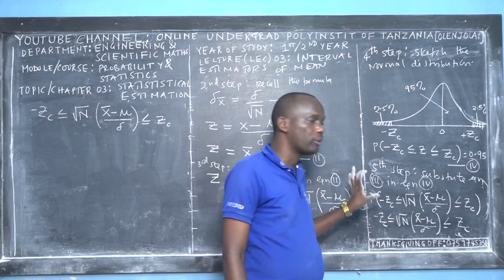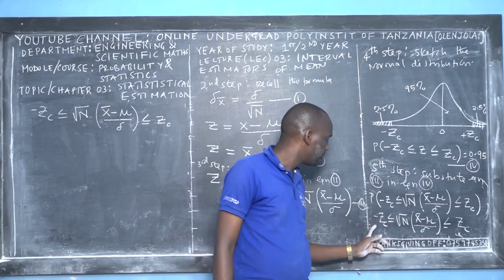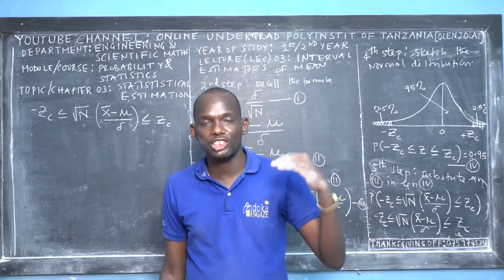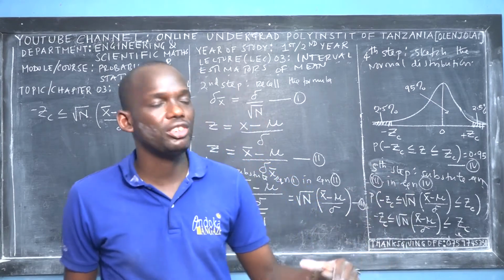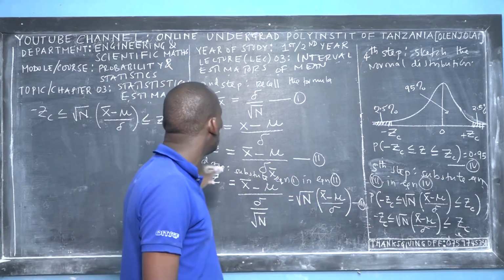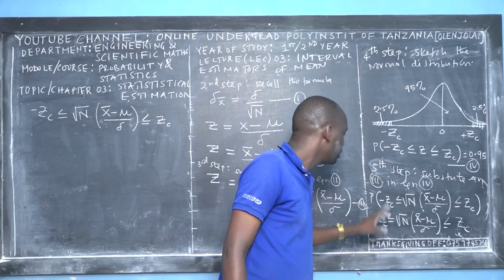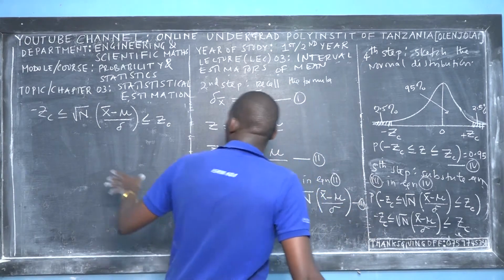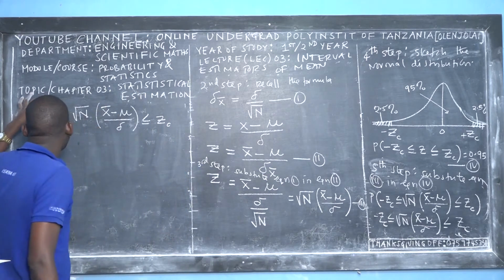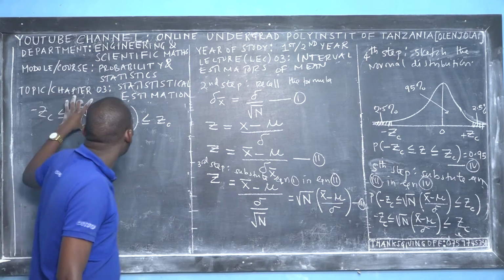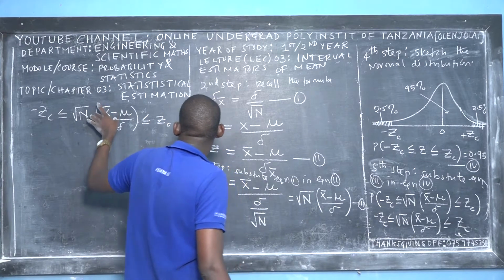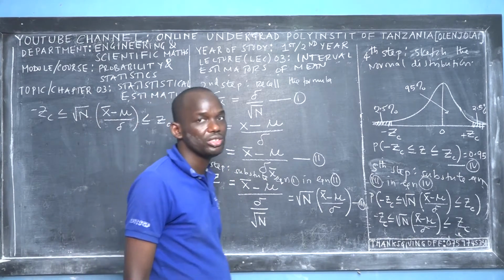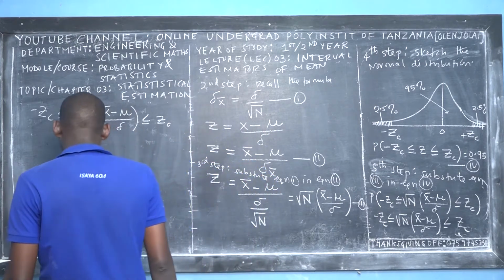I just left out the probability because we are looking for the formula for estimating the population mean, the interval estimator of the mean with known population variance. So this is the consideration: negative Zc less than square root of population size, point mean minus population mean over standard deviation, less than or equal to the standard value Zc.